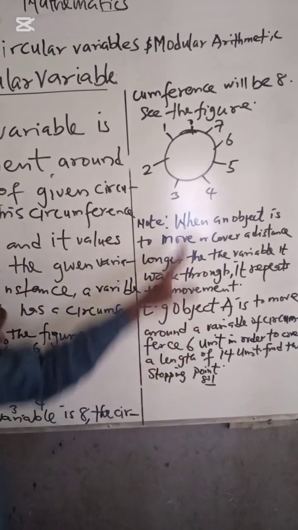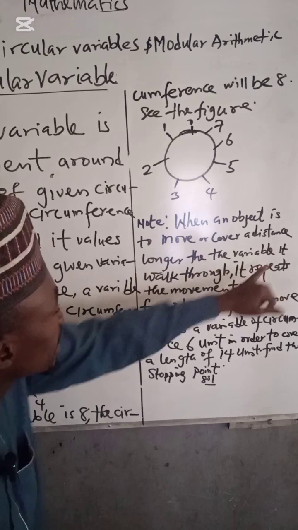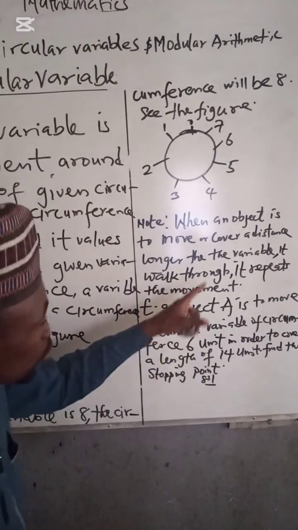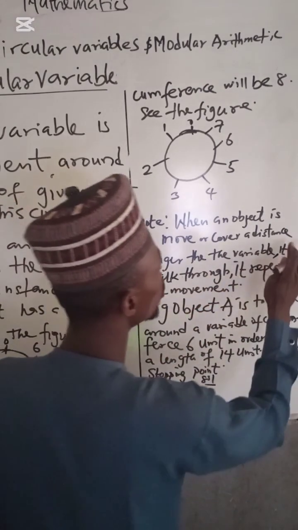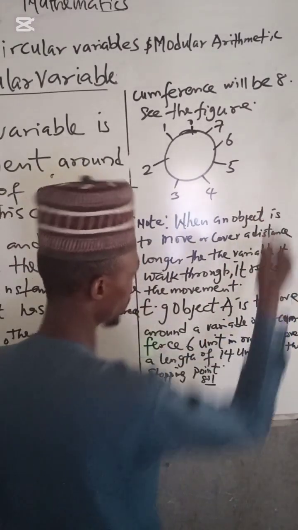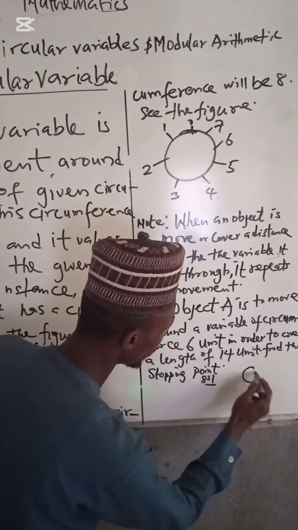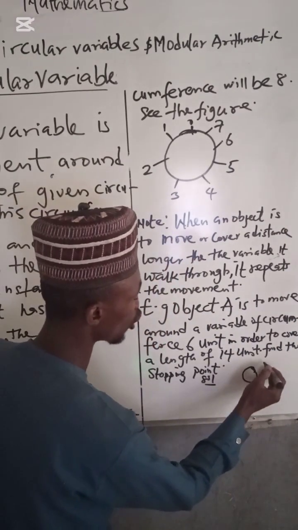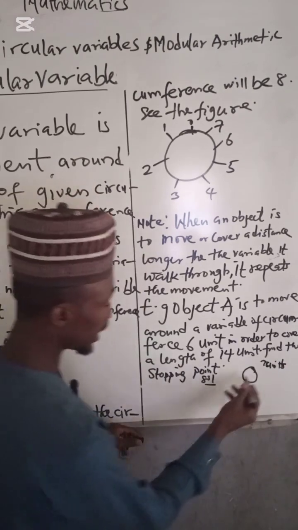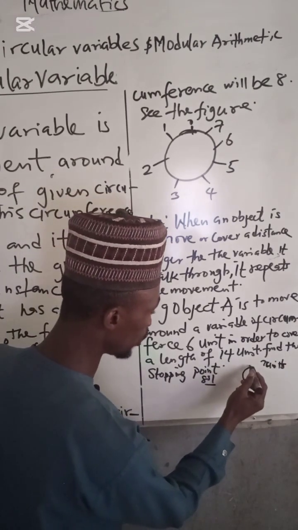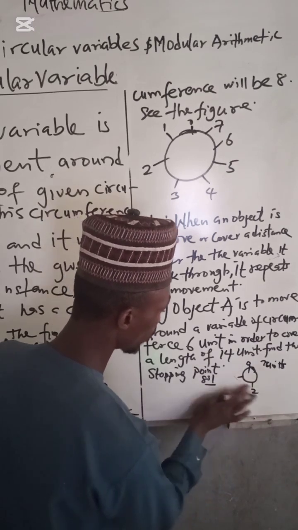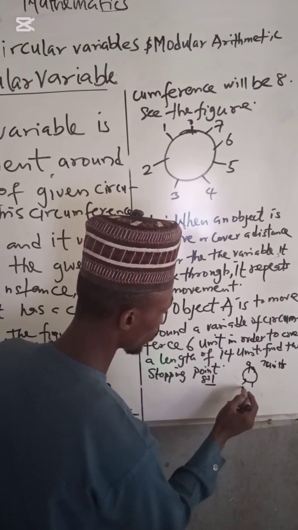Remember, we said that when an object is to move or cover a distance longer than the variable, it walks through it and repeats the movement. What do we mean by that? Let's say the object is to cover a distance of 7 units, and the variable here has a circumference of 3 units, that is 0, 1, 2.